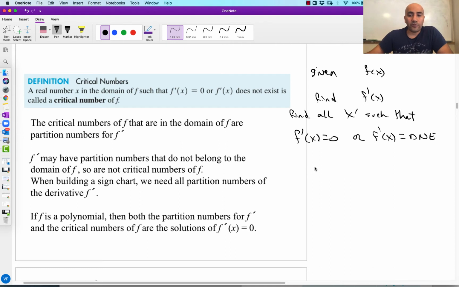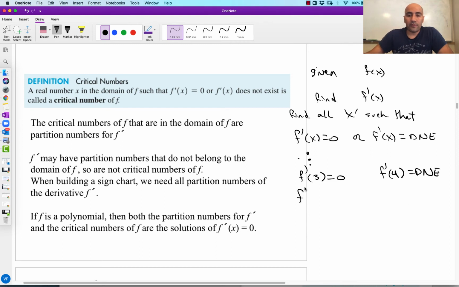Now, after we find all of them, right? I didn't give you an equation here, but just for the sake of having something in this example, let's say that we find through a lot of work that f prime of 3 equals 0, and we also find that f prime of 4 does not exist.